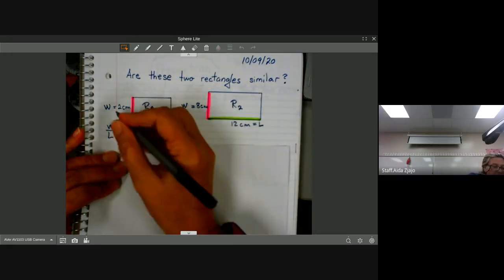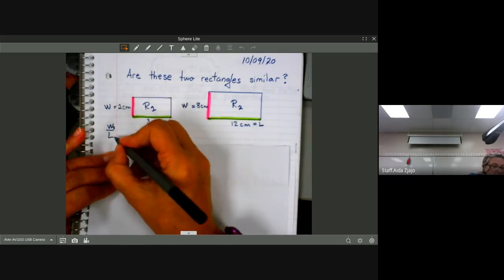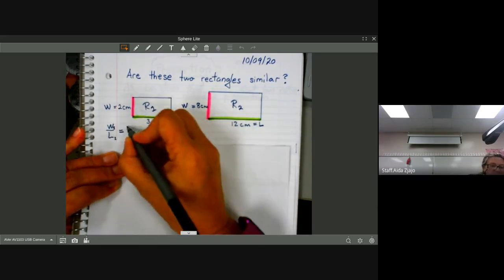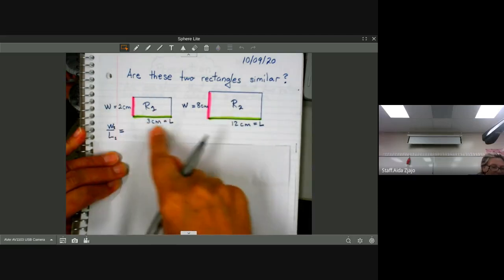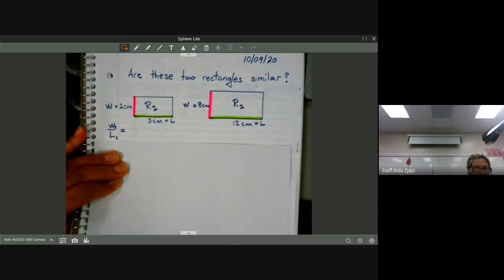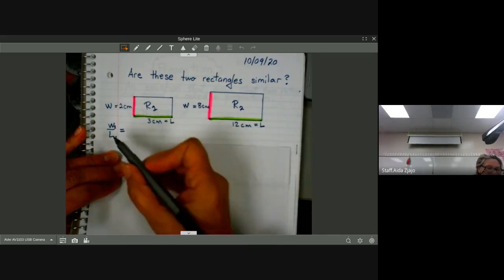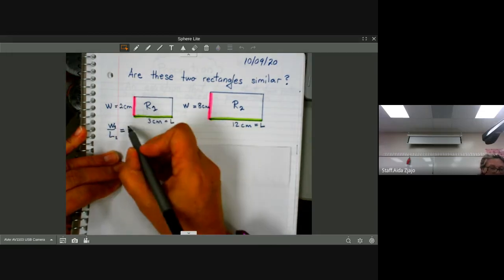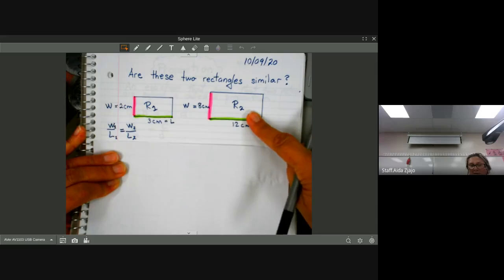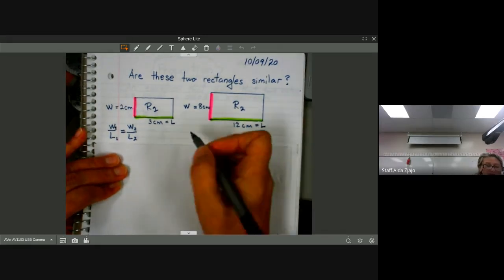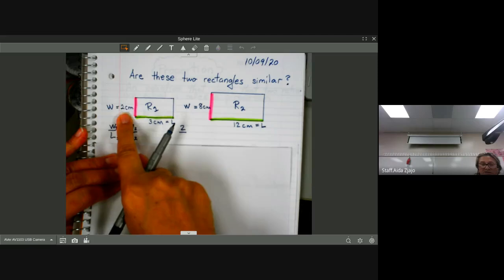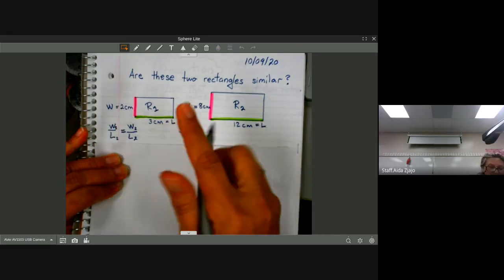So the width and length of rectangle one must be proportional to the width and length of rectangle two. Sorry, I apologize, we were learning volume the other day, and I keep saying volume. So the width of the first rectangle is 2 and the length of the first rectangle is 3.